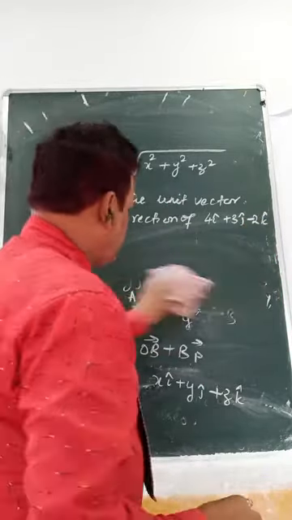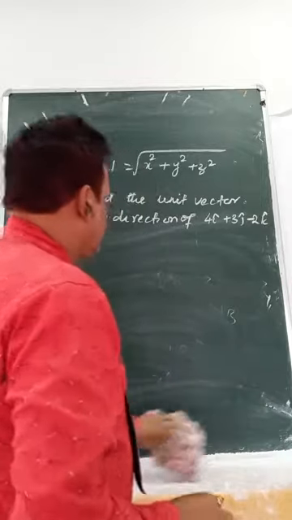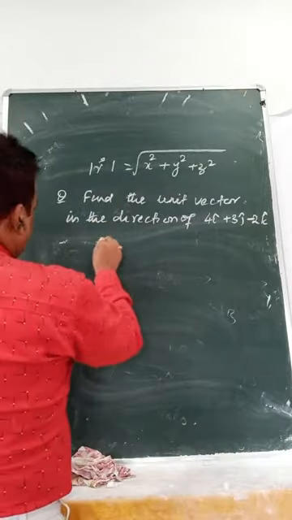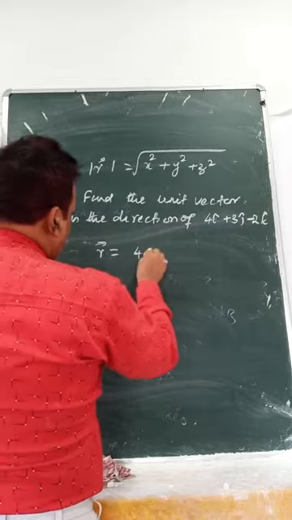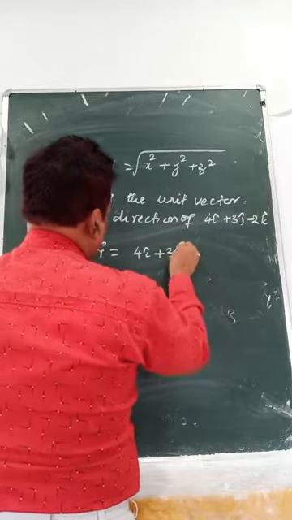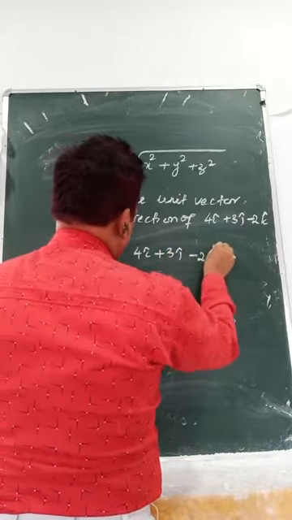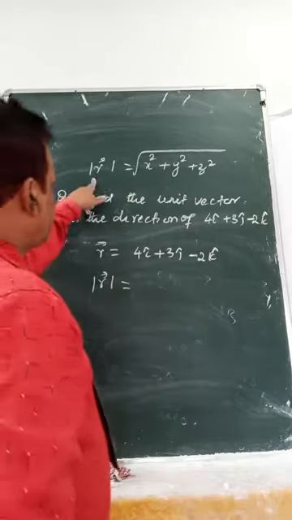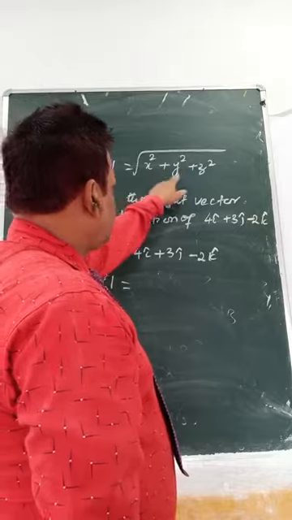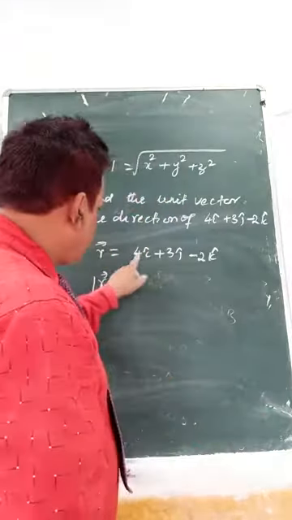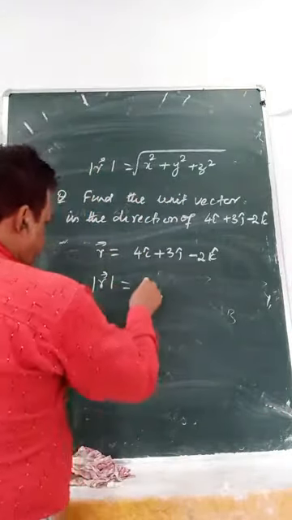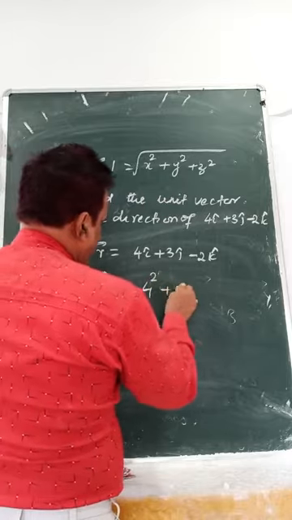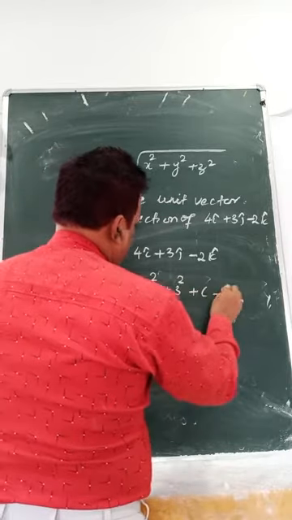So what shall I get here? That is r vector equals 4i plus 3j minus 2k. So what is r modulus? What have we defined the modulus as? The square root of the sum of squares of the scalar components: 4 square, 3 square, minus 2 square.